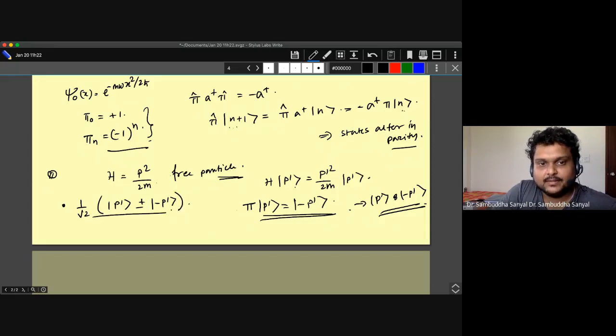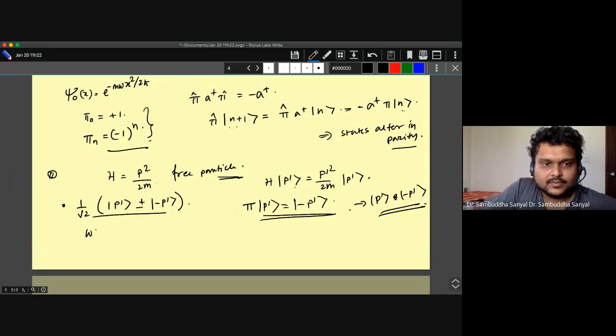I can take a linear combination and construct a parity eigenstate, and that is also something we learned last semester: if I have two commuting operators, and one of them is degenerate, then you can always construct their common eigenstate by taking a linear combination. This construction you all know already from the previous semester. I am just looking at it from a different lens of parity, to appreciate why these results have to do with parity.